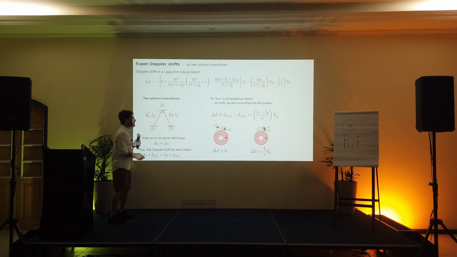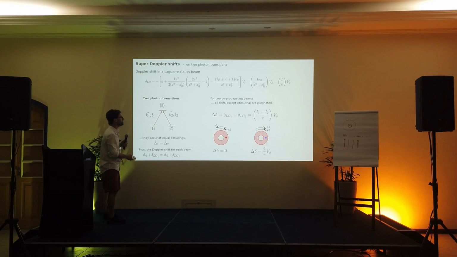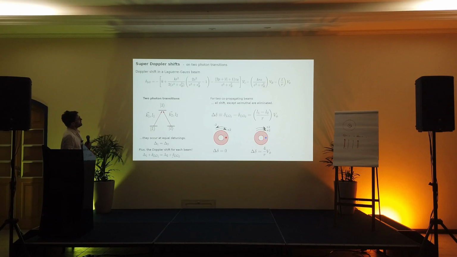then in principle, as they have opposite angular momentum, they will cancel. But if your beams are co-rotating, then they will add together and you will see this Doppler shift. This is the other way around. Yeah, I was saying it wrong.